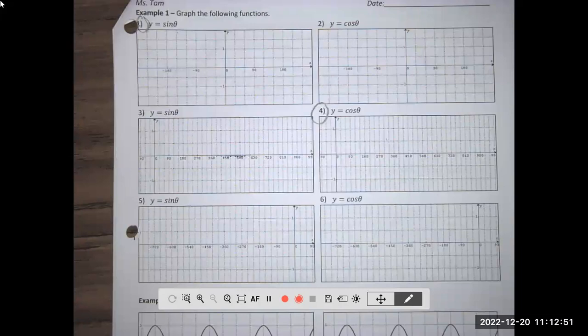Really the purpose of doing this is so that we can practice having smooth sinusoidal curves. So you want to extend it for the full length of the graph.